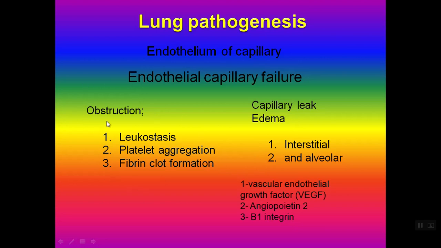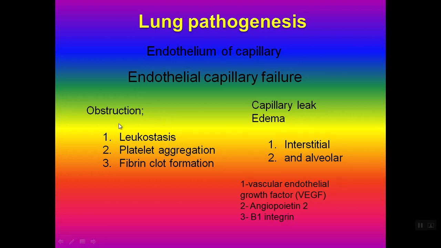The last point is capillary obstruction by leukostasis, platelet aggregation, and fibrin clot. Leukostasis, or aggregation of the neutrophils or leukocytes, can usually be prevented by corticosteroids, but they're not allowed.